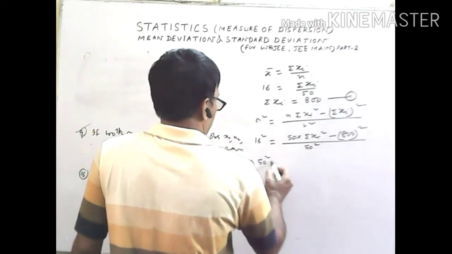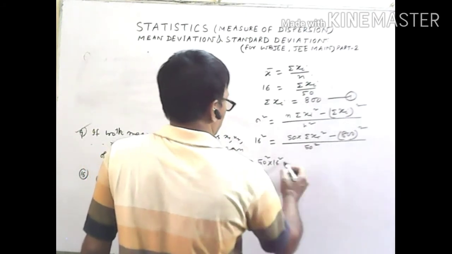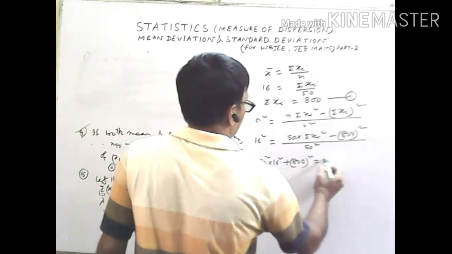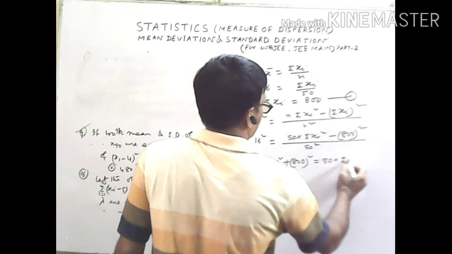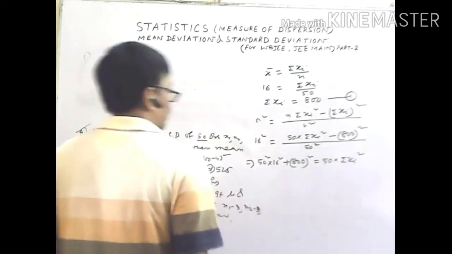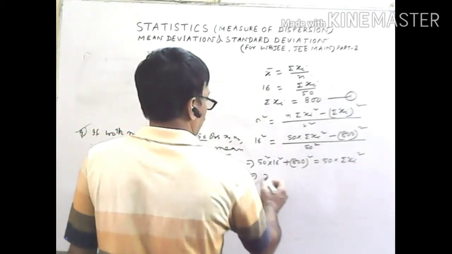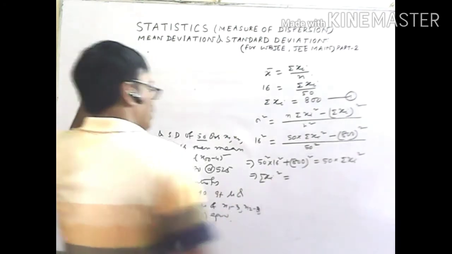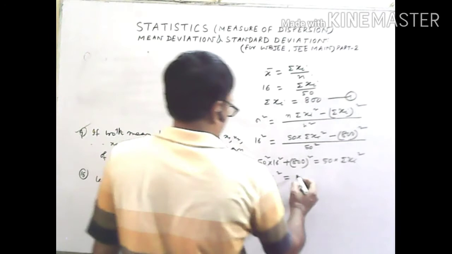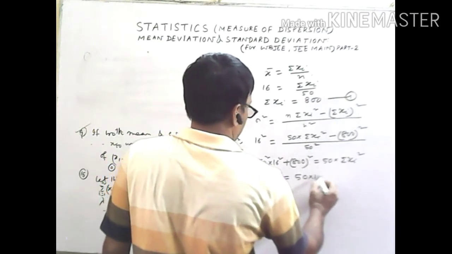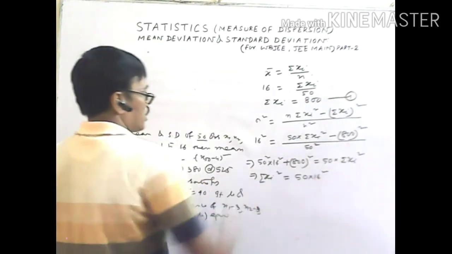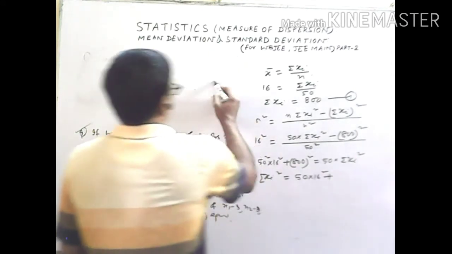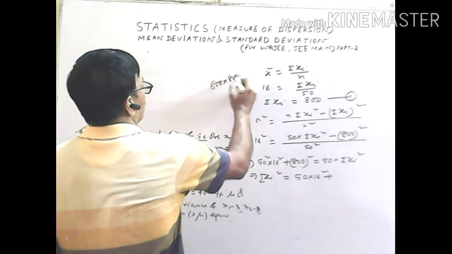So 50 square into 16 square plus 800 whole square equals 50 into summation xi square. So summation xi square equals, you divide it by 50. So you get 50 into 16 square, the 50 is cancelled, plus 800 into 800 by 50.